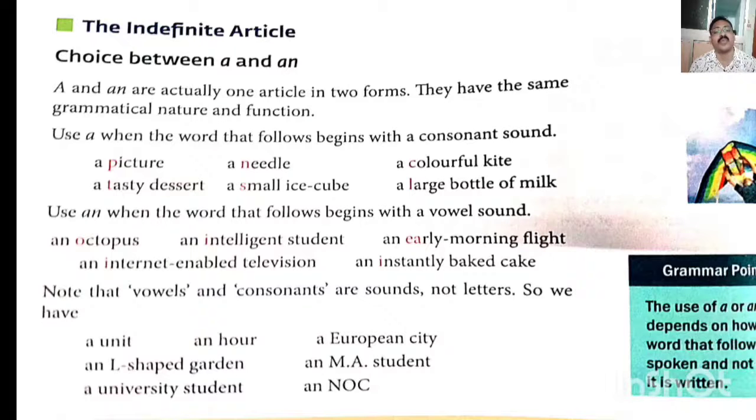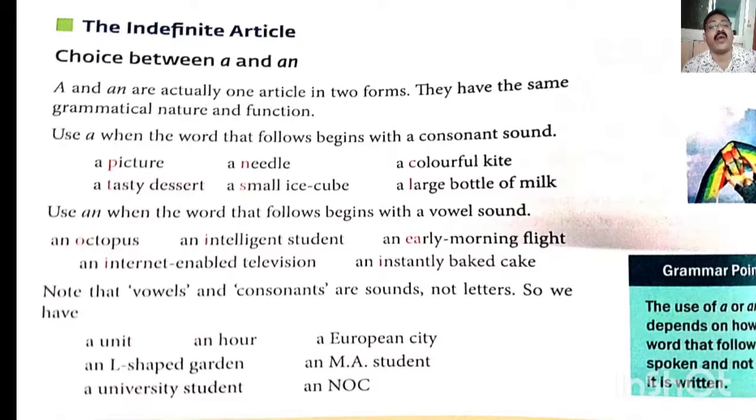Then also we have used "a" before them to show that vowel letters alone don't decide "an". The sound of the word also matters a lot in choosing an article. U-pronounced words generally don't have "an" before them. You have to use "a".